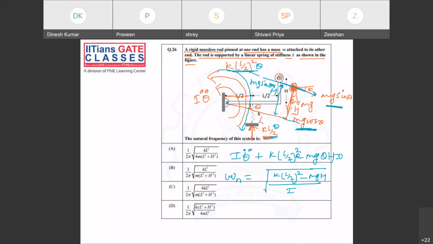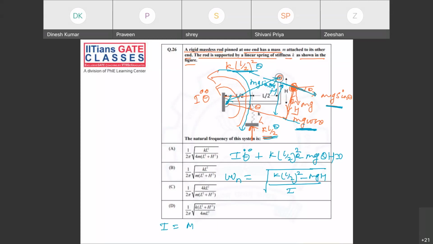Now what is the I? If you take I about this point, it will be this mass into the perpendicular distance. So this is your perpendicular distance.